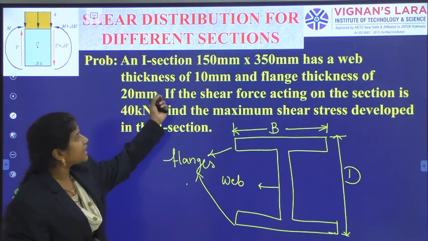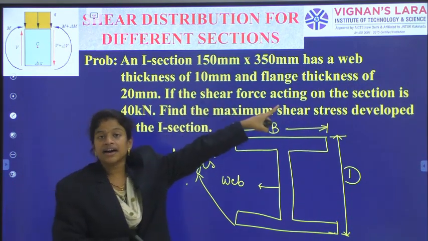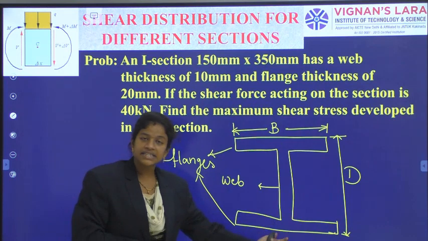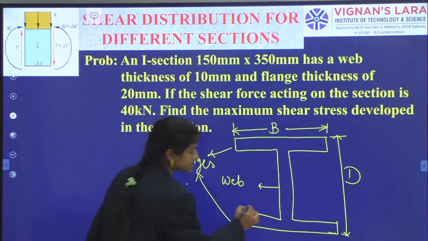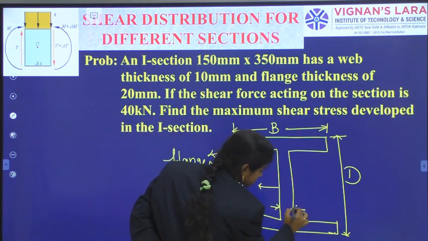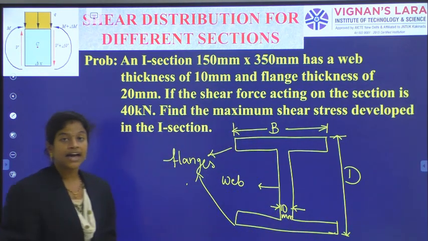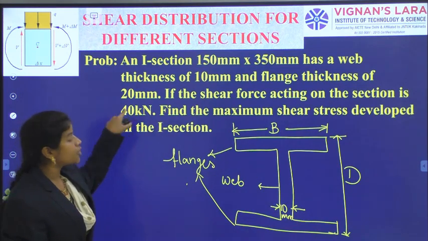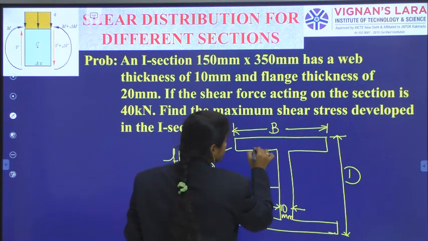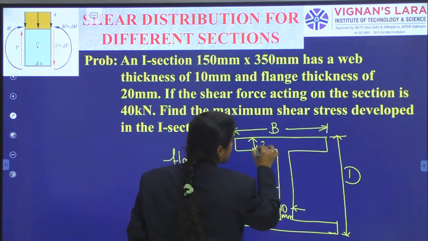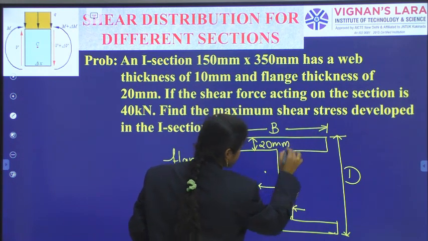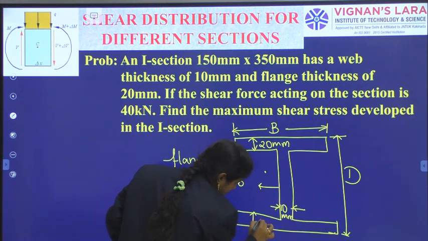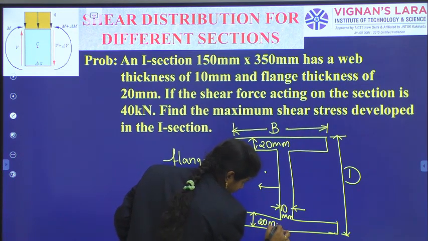See here, 10 mm is the thickness of the web. As the web is like this, the thickness of the web means the dimension which it is involving. This one is 10 mm. And we also have the dimension for the flange thickness. The flange thickness is 20 mm, so this is also 20 and this is also 20.